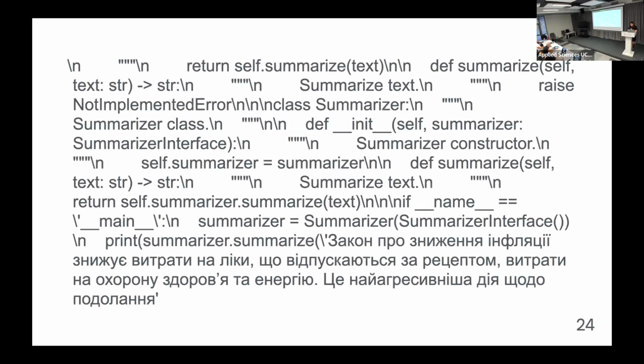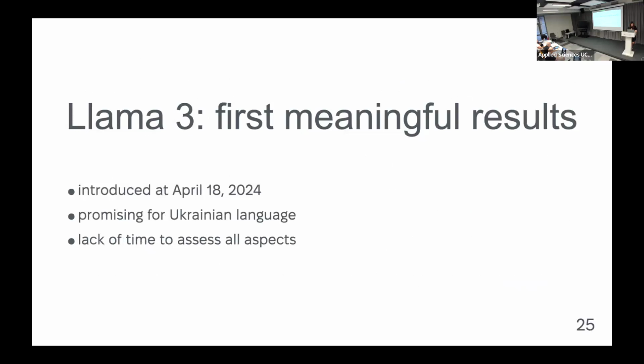I focused on Llama 3 because this was the model that provided the first meaningful results, which I was able to describe and quantify, and therefore these experiments were included in the thesis.